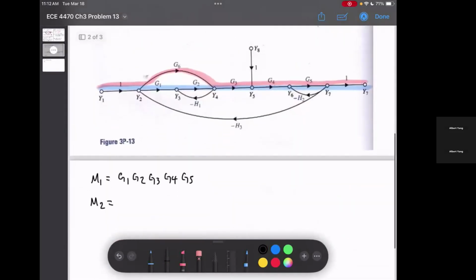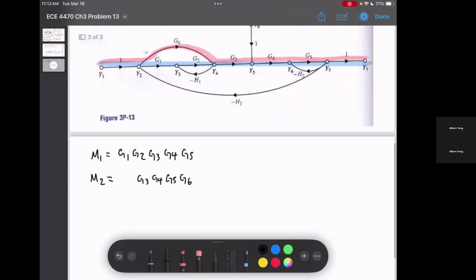So this one would be G6 times G3 times G4 times G5. Then you can also rearrange this to be G6 at the end.